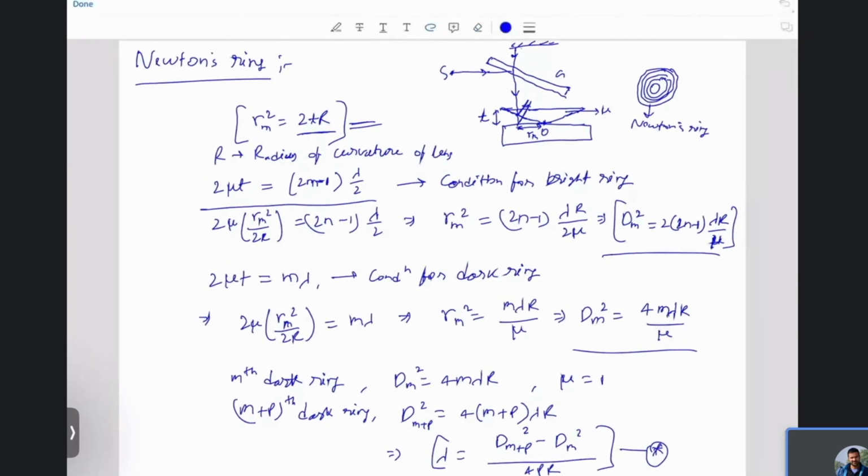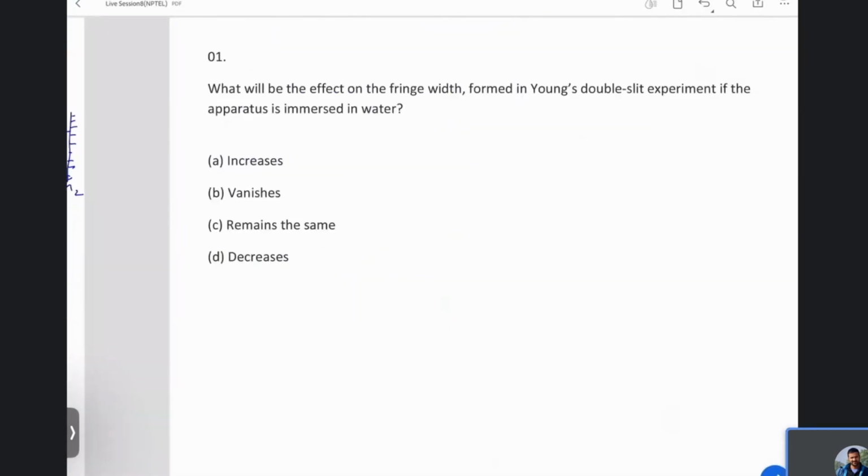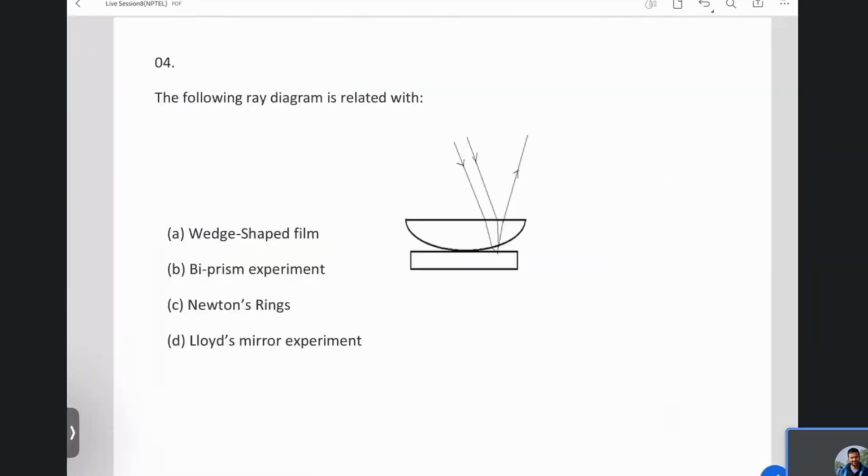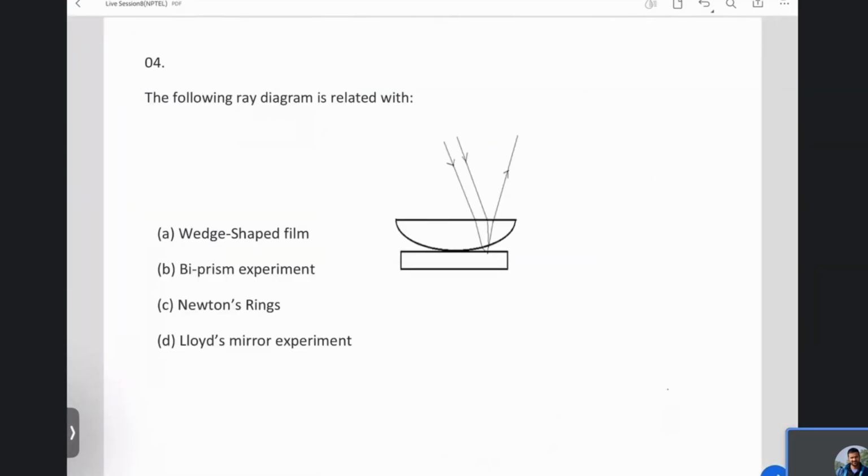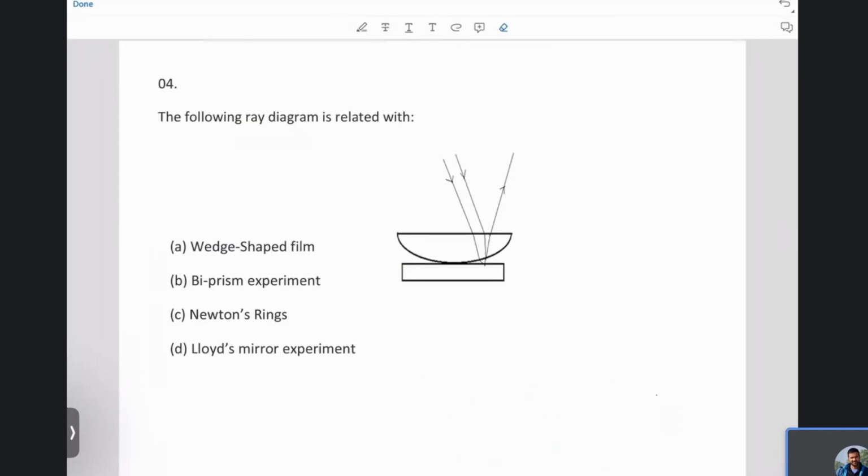You have a glass plate and you have a plano convex lens, and the interference pattern that you get here are concentric rings, and it's called Newton's ring. So same thing is here. So this is the diagram of a Newton's ring experiment.